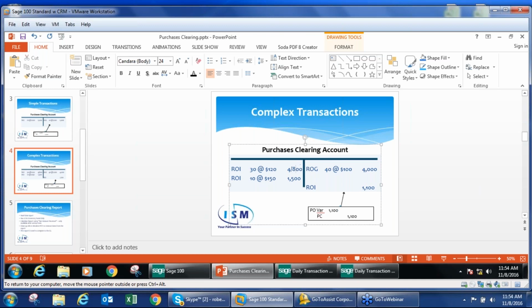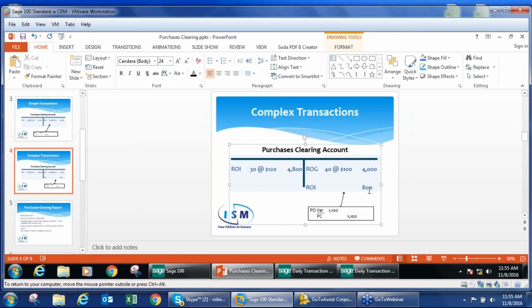Change this here. We actually now have a receipt of invoice for $4,800. So we now have a variance of $800.